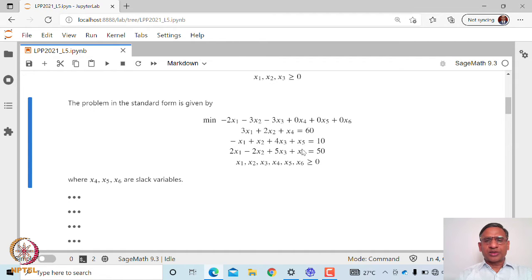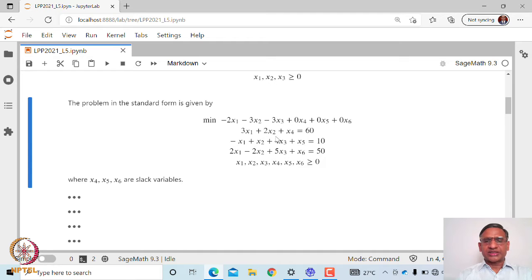Now if this is the problem, it is easy to guess that we can take x4 is equal to 60, x5 is equal to 10, and x6 is equal to 50, and x1, x2, x3 zero as a basic feasible solution. This basic feasible solution satisfies all the constraints and they are all non-negative, so it is a basic feasible solution. Okay, so to begin with, we can take basic variables as x4, x5, x6.